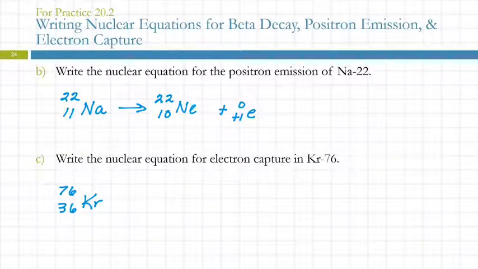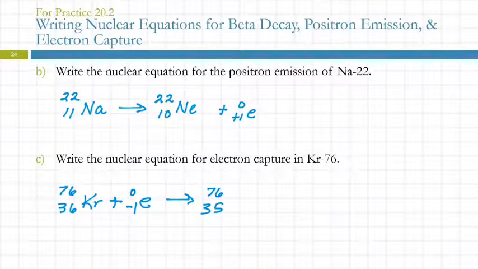So, electron capture, and a brain fart, it's not that hard to remember. We're just capturing an electron. And again, we're adding up the numbers. So this time we have two things on the left, 76 plus 0, 76, plus 36 and negative 1, 35. Find element number 35. I think this is bromine.